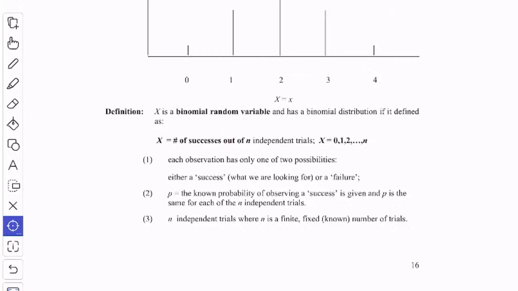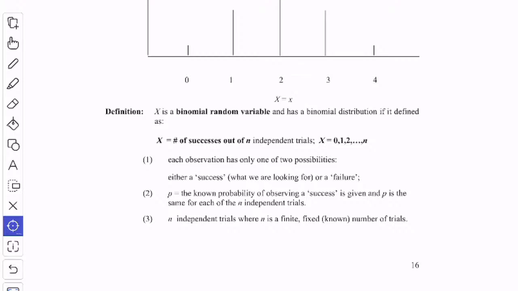Okay, so that creates a general statement for the variable. So from different phenomena, as long as you identify what it is you're looking for and how many times you look, you're on the road to identifying a binomial random variable.